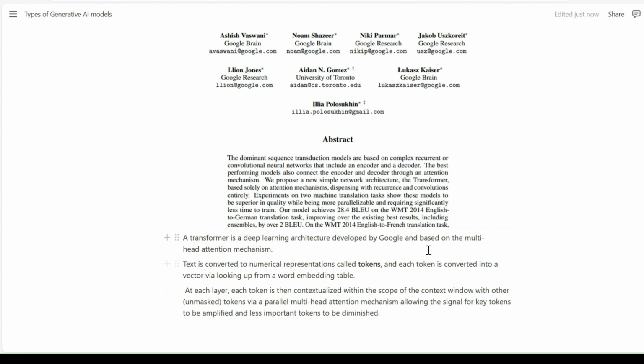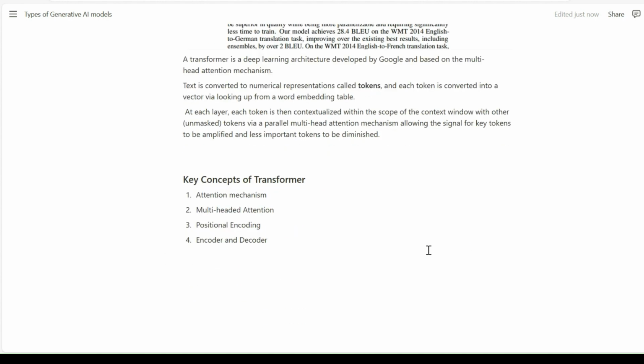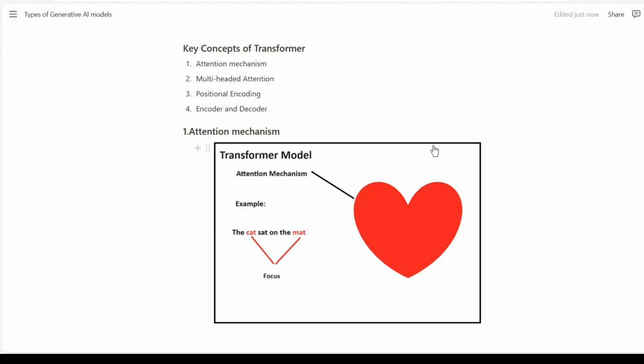Okay, so next we'll look at key concepts of transformers. Here are four key concepts of the transformer. One is the attention mechanism, next is multi-headed attention, next is positional encoding, then encoder and decoder. Combined, these form a transformer model. We'll look at each of them. First, the key concept is the attention mechanism.